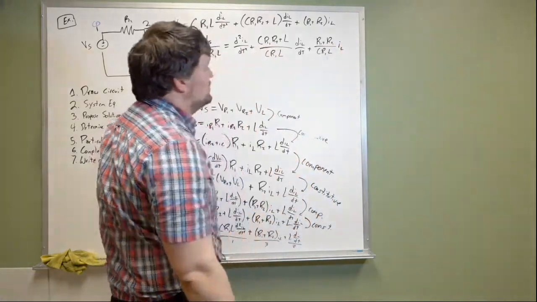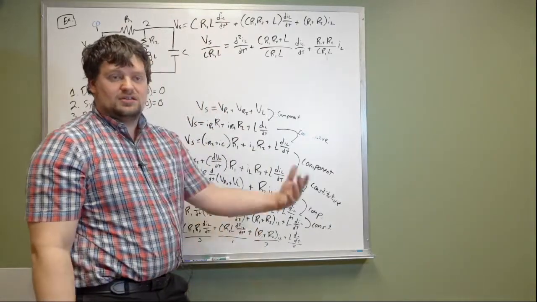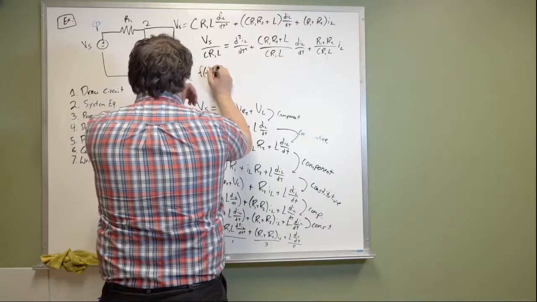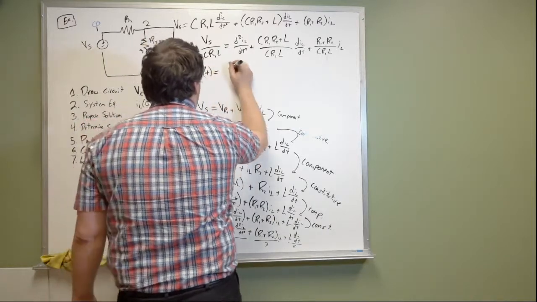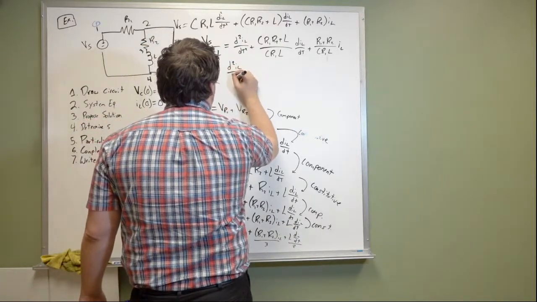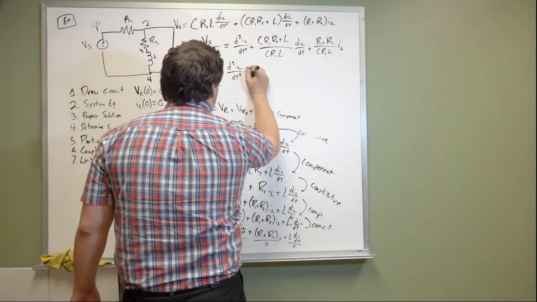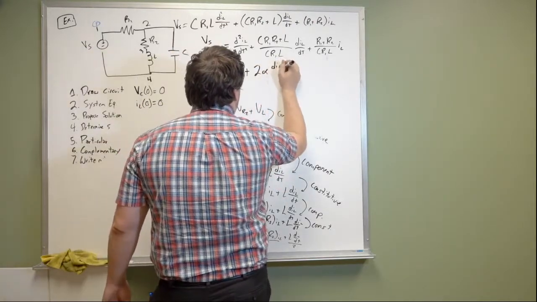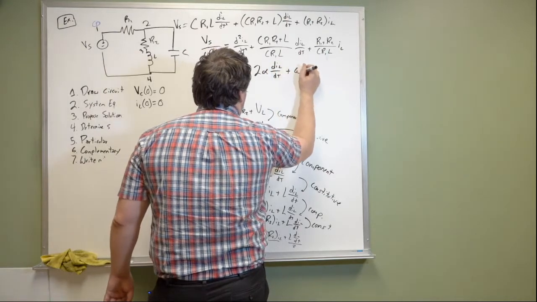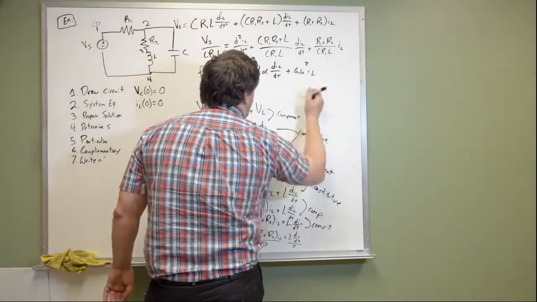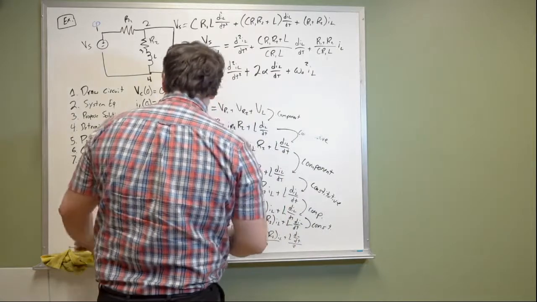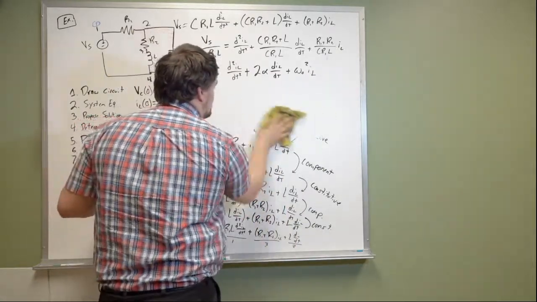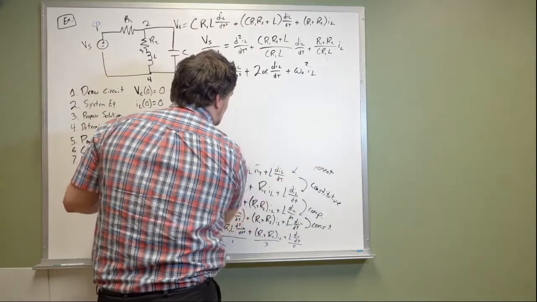Now, just like what we did in class, we want to set this in terms of some forcing function equal to d squared IL/dt squared plus 2 alpha dIL/dt plus omega naught squared IL. So that's kind of where we're working toward. I'm going to go ahead and just write that equation on the board there.